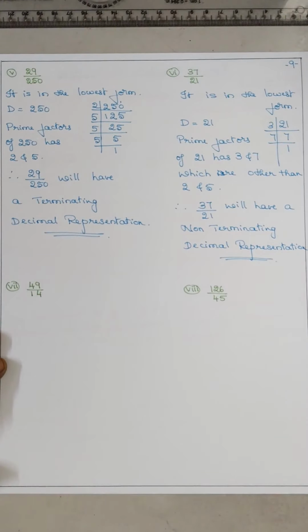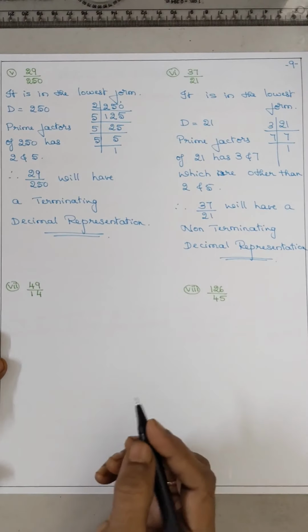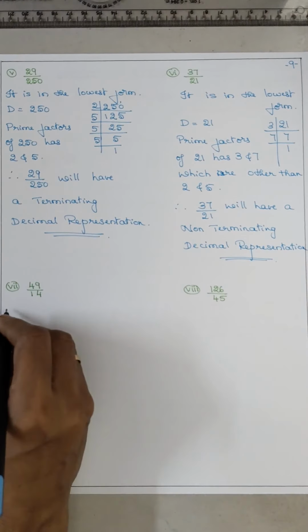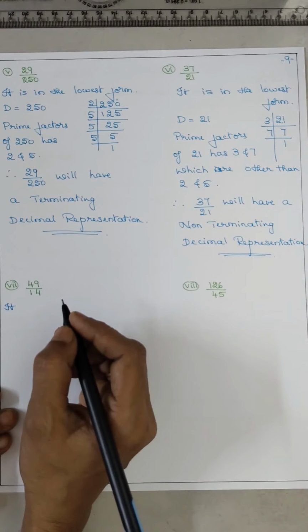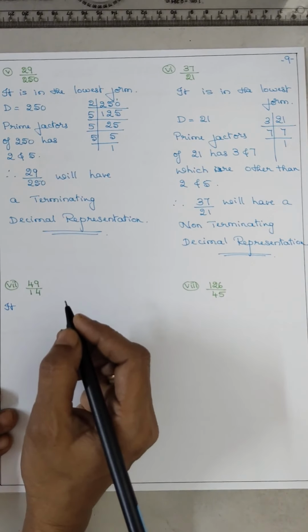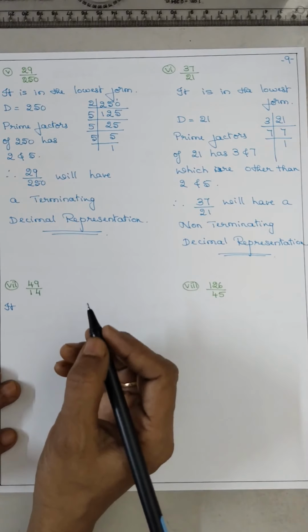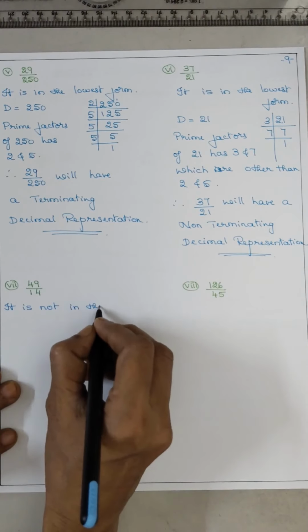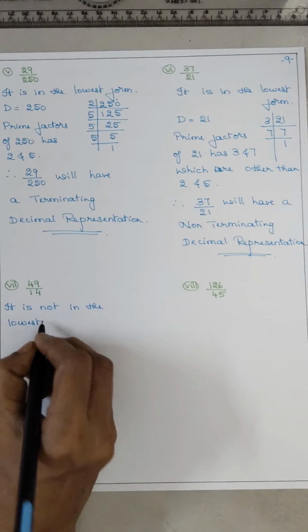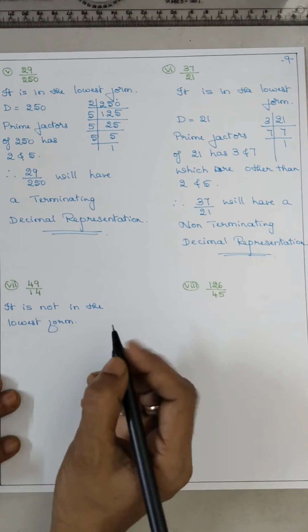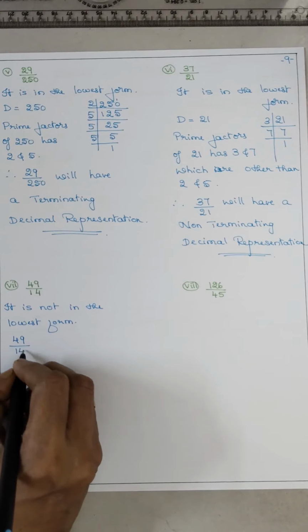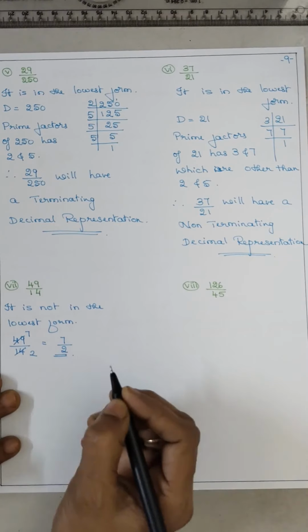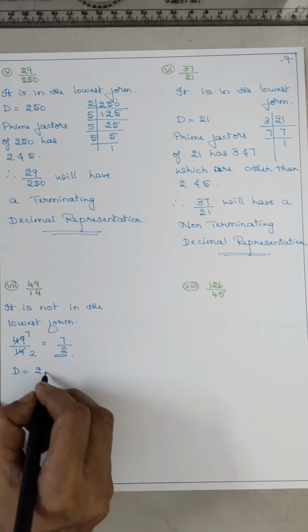So you are confident? Now 49 by 14. So it is not in the lowest form. It is a multiple of 7, isn't it? 7 twos are 14, 7 sevens are 49. So it is not in the lowest form. Now convert 49 by 14, so you got 7 by 2. Now denominator is 2.